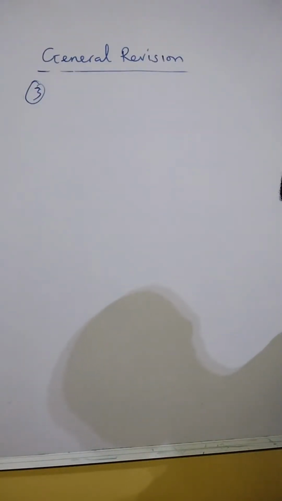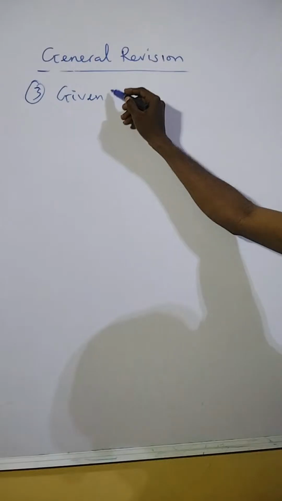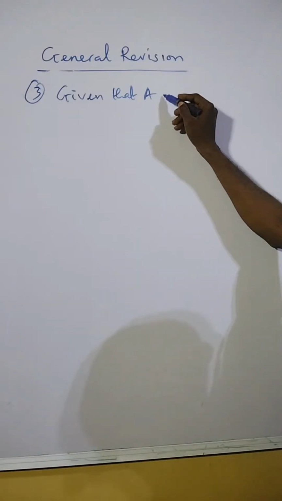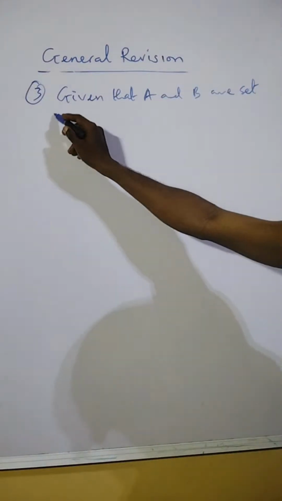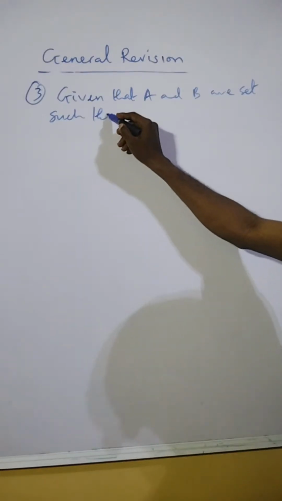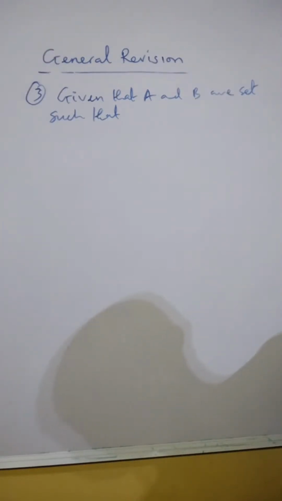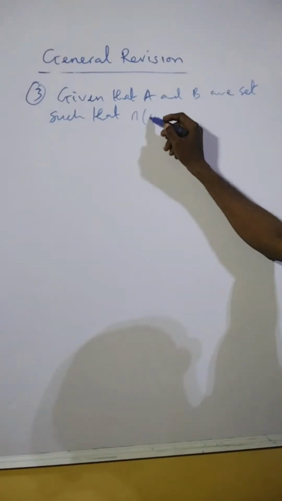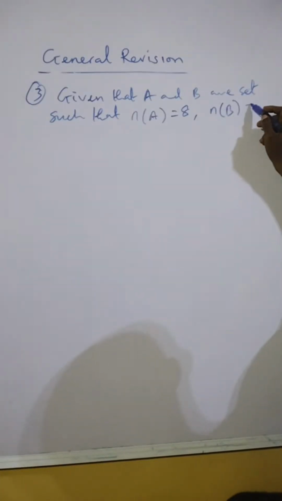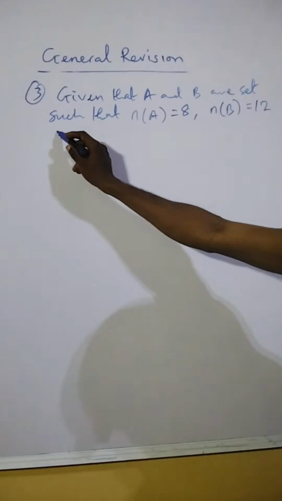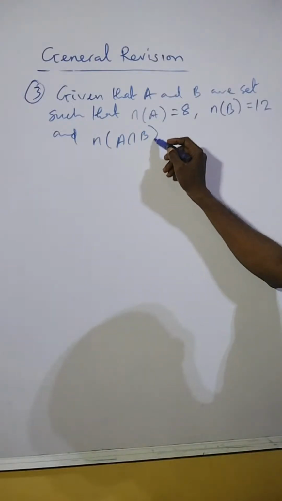Number 3 here. You are given that A and B are sets such that the number of elements in A is equal to 8, the number of elements in B is equal to 12, and the number of elements in A intersection B is equal to 3.